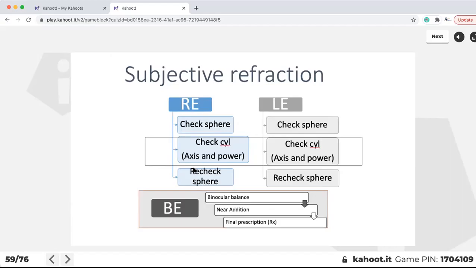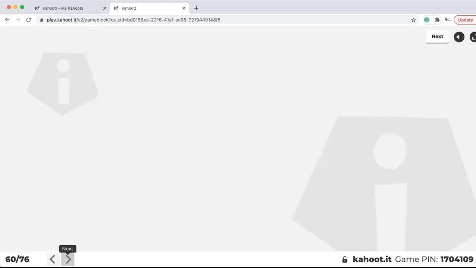This is very, very important, because the first sphere is now changed by changing the cylinder, as you change the spherical equivalent. So you need to recheck the sphere. After this, you do the duochrome test to make sure that the patient is not overcorrected. Then do the binocular balance test, near adds, and final prescription.